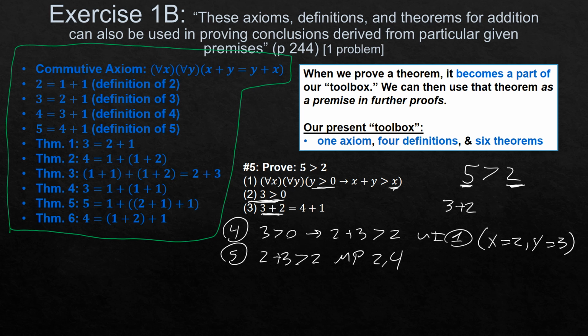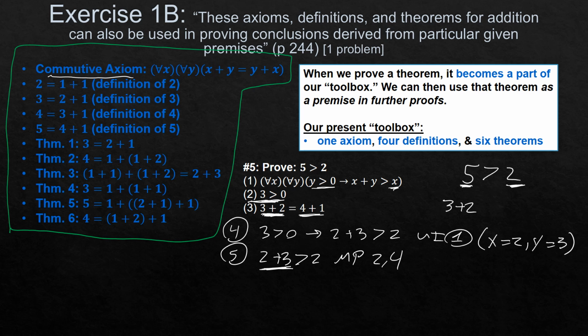We're going to want to relate this 2 plus 3 with this 3 plus 2. Line 3 tells us that 3 plus 2 is equal to 4 plus 1. These things are not in the same order, thus we're going to have to resort to the commutative axiom.